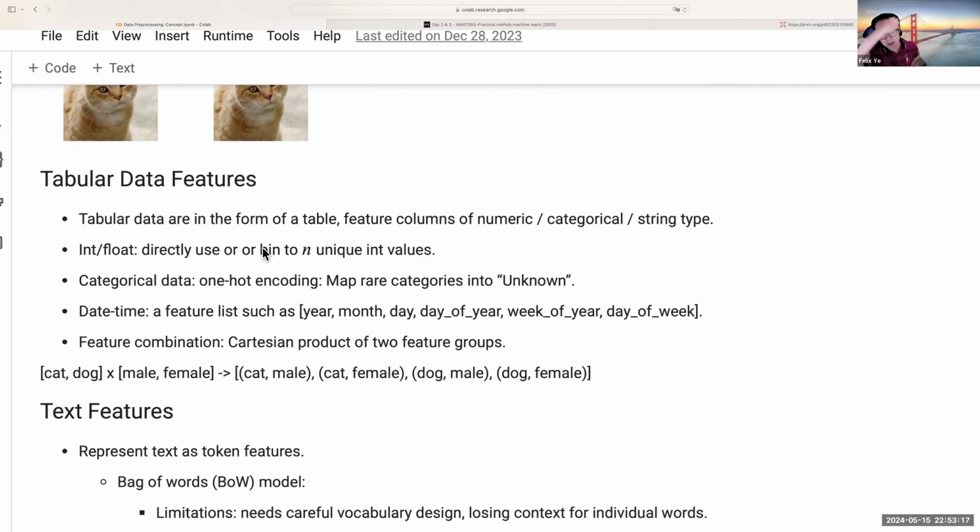A lot of the time we have date and time features, for example, the year, the month, the day of year, week of year, day of week, because a lot of patterns are periodic, with seasonal, monthly, and weekly effects. A lot of things behave completely differently during the weekend versus weekdays.